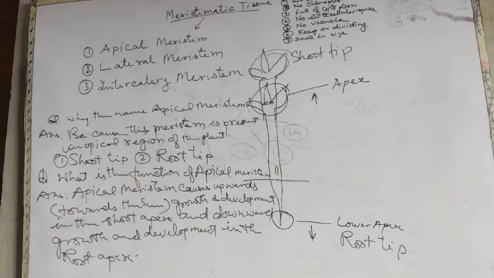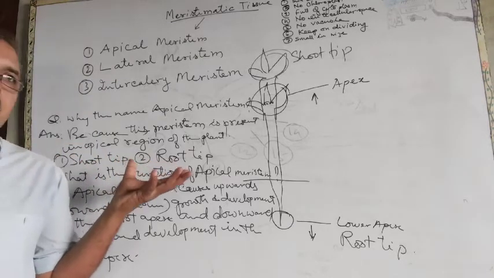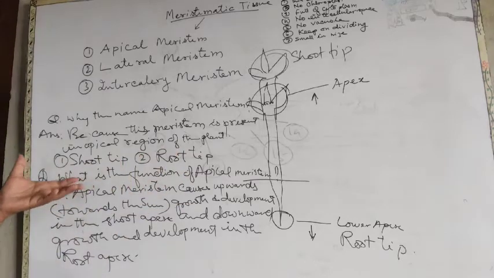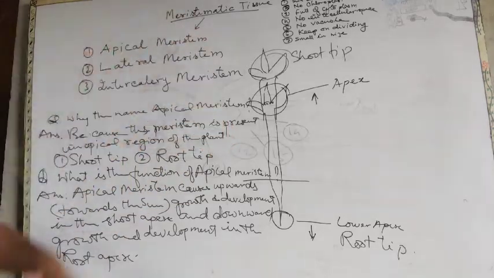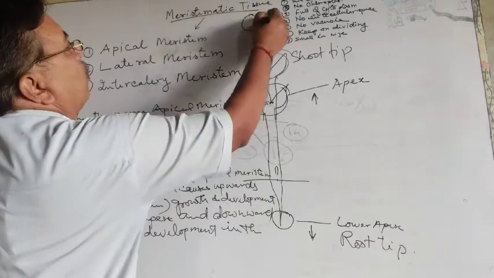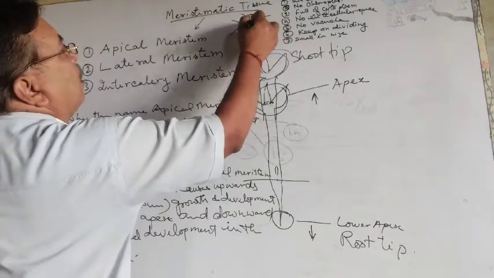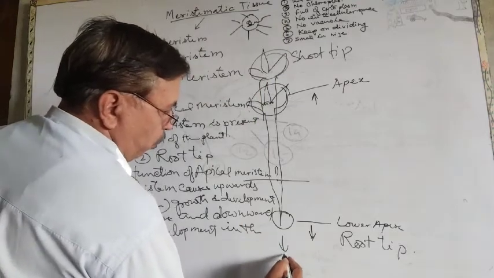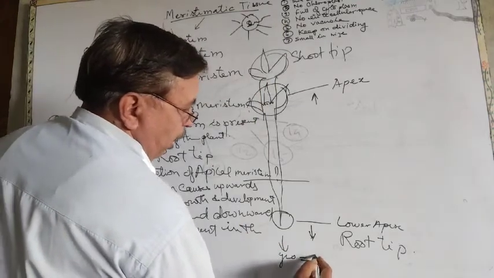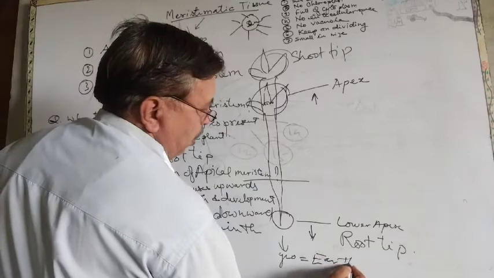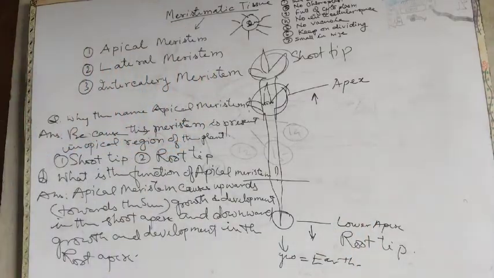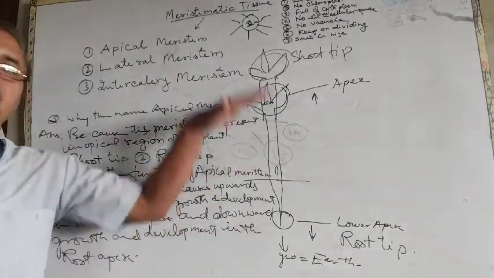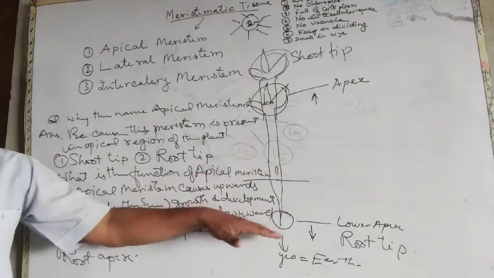The growth and development carried out by a particular tissue is towards the sun, and towards Geo, earth. So towards the earth, apical meristem is present.